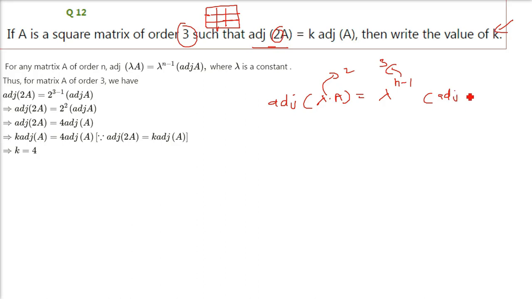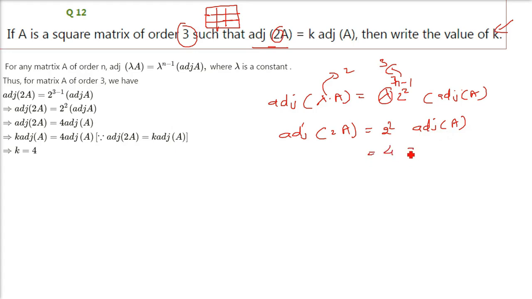And of course, we have lambda raised to n minus 1 followed by the adjoint of A. So the adjoint of 2A, lambda is 2 again, and n is 3, 3 minus 1 is 2, so the adjoint of A.